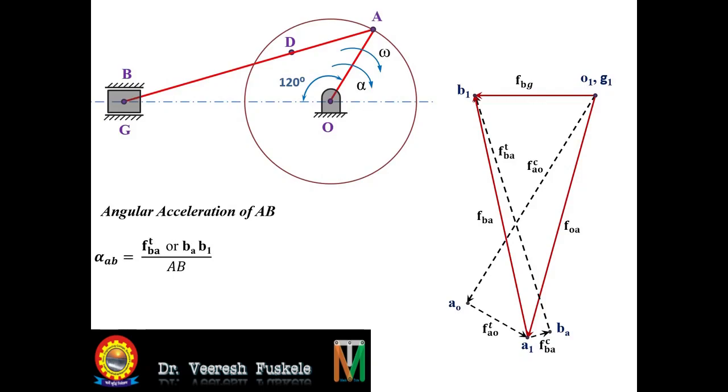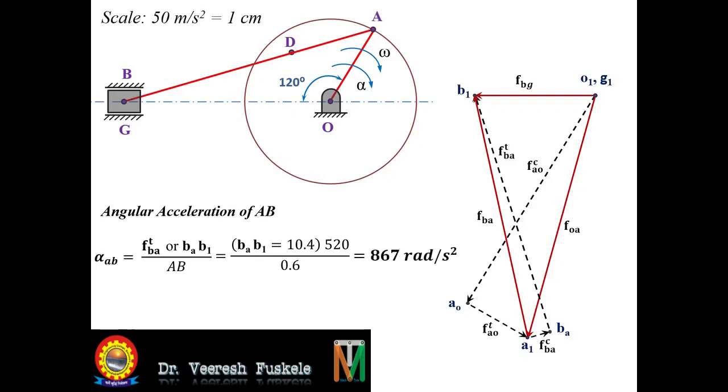FTBA can be measured from the acceleration diagram as BA B1. After measuring BA B1, we have 10.4 centimeter, which is then converted to meter per second square according to the scale taken, and after calculation we get alpha AB, or angular acceleration of AB, as 867 radian per second square.